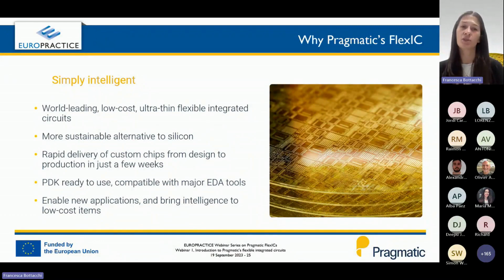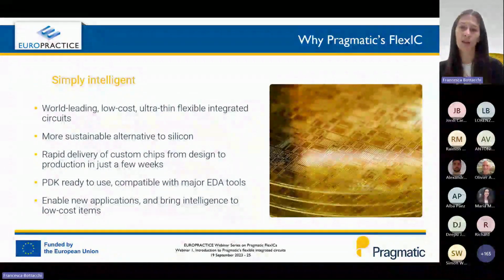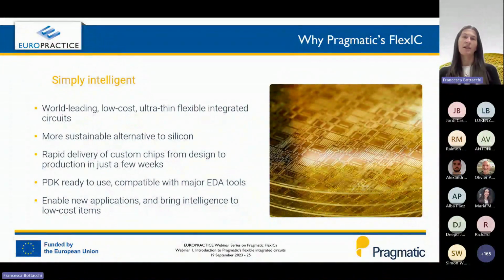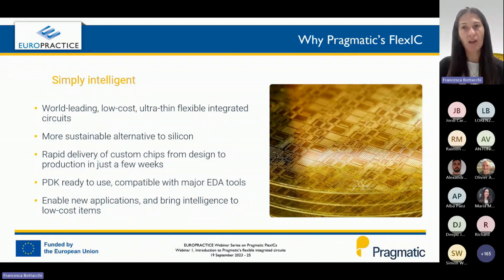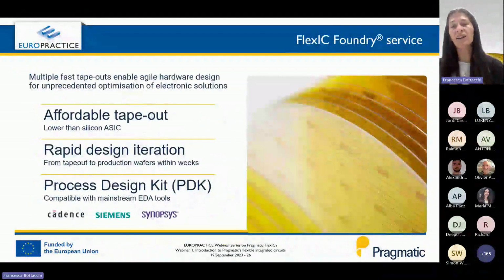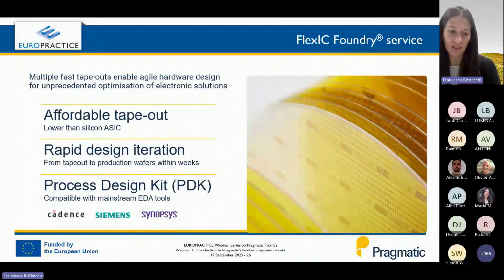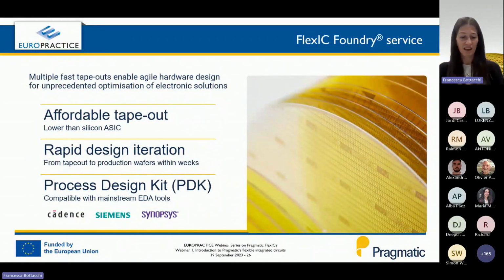Our PDK is ready to use and is compatible with all major EDA tools. And because of the form factor and the low cost, we can enable a whole set of new applications and bring intelligence to every low-cost item. So by using our foundry service, you can get multiple, fast, and affordable tape-outs with a ready-to-use PDK.